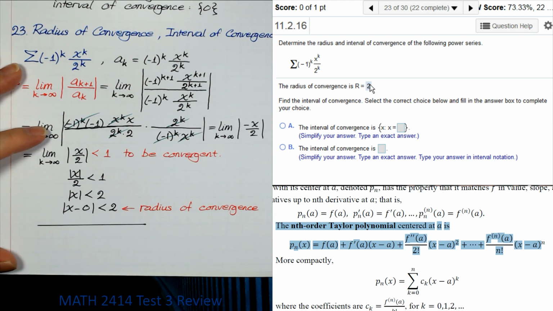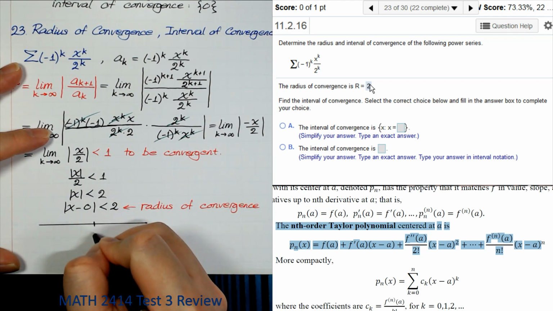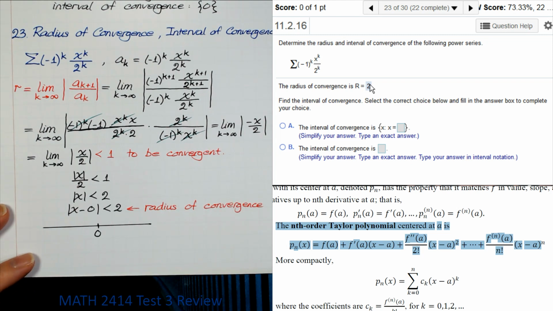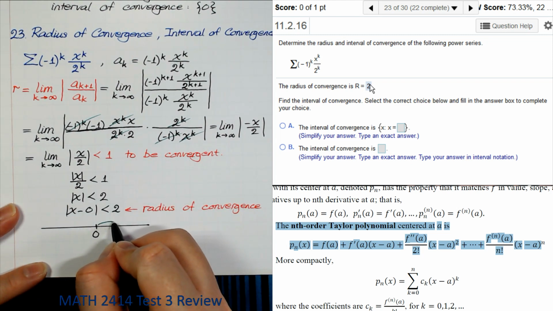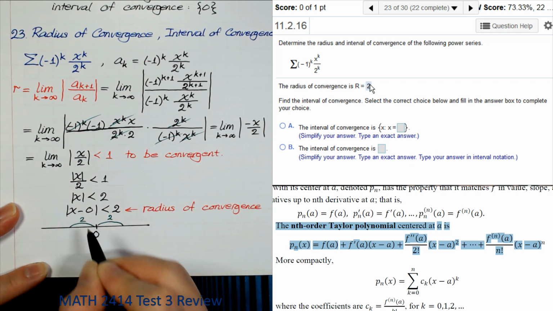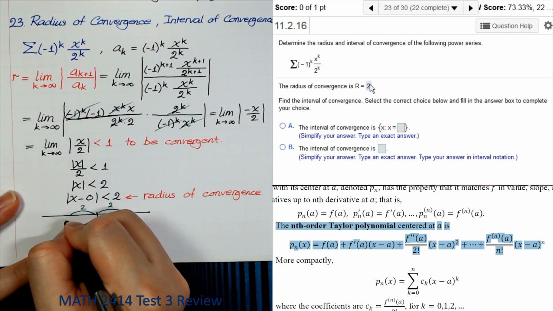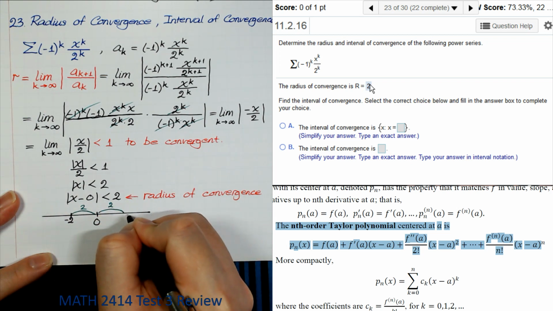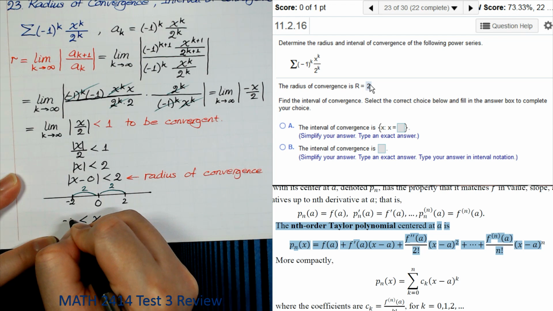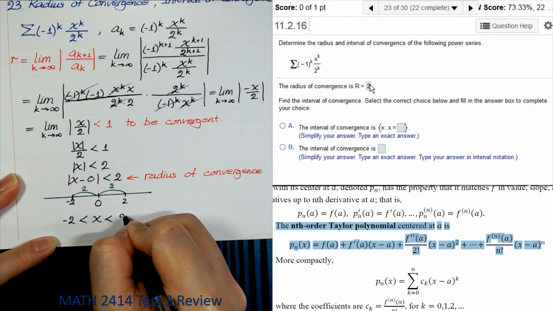It's centered at 0. The radius is less than 2, meaning 2 to the left and 2 on the right. That gives us negative 2 to 2. So x is between negative 2 and 2.